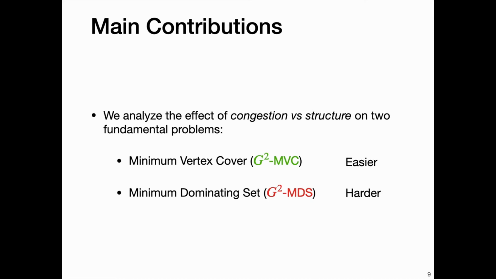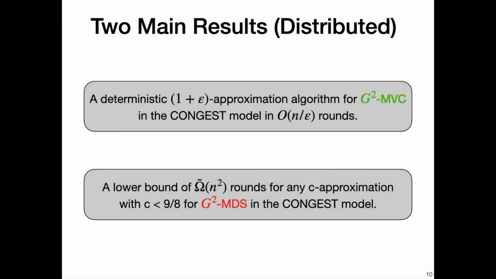In general, G squared MVC becomes easier and G squared MDS becomes harder compared to the current status of the two problems on G. The two main distributed results in this paper are a deterministic 1 plus epsilon approximation algorithm for G squared MVC in n over epsilon rounds of the congest model, and an n squared lower bound for any C approximation for C less than 9 over 8 for G squared MDS in the congest model.